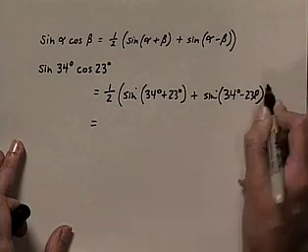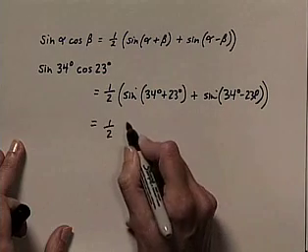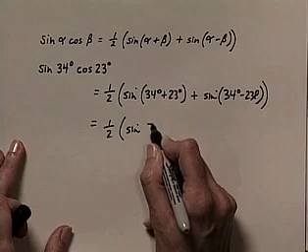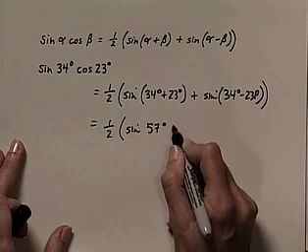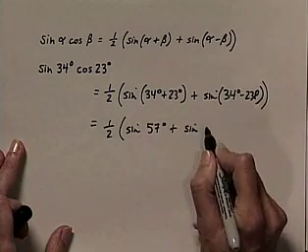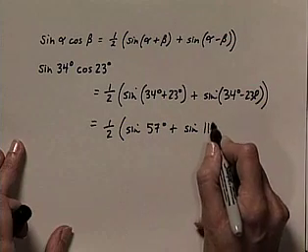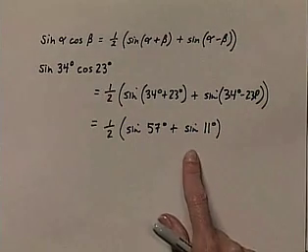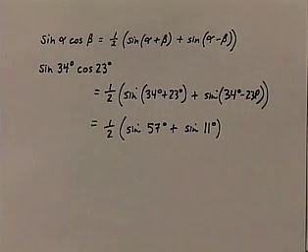Now, we're going to evaluate further and simply add and subtract. So this will be 1/2 times the sine of 57 degrees plus, and here we'll subtract to come up with a sine of, let's see, that's 11 degrees. And so we're able to rewrite this as was asked. Instead of a product, we have it as a sum in this particular example.